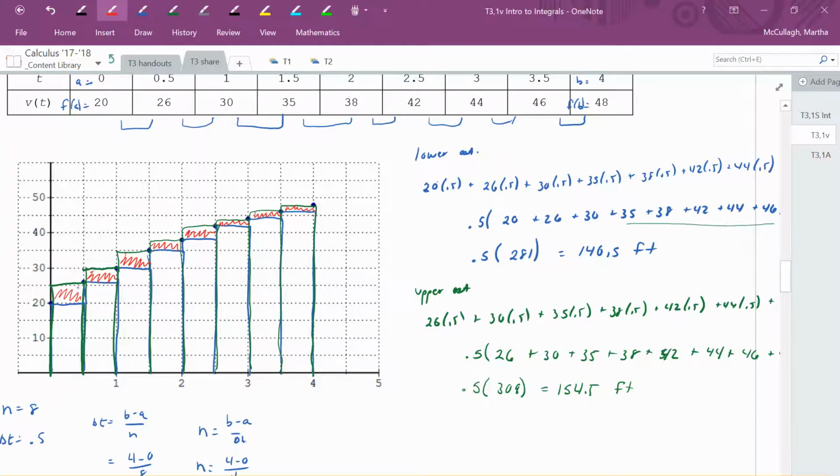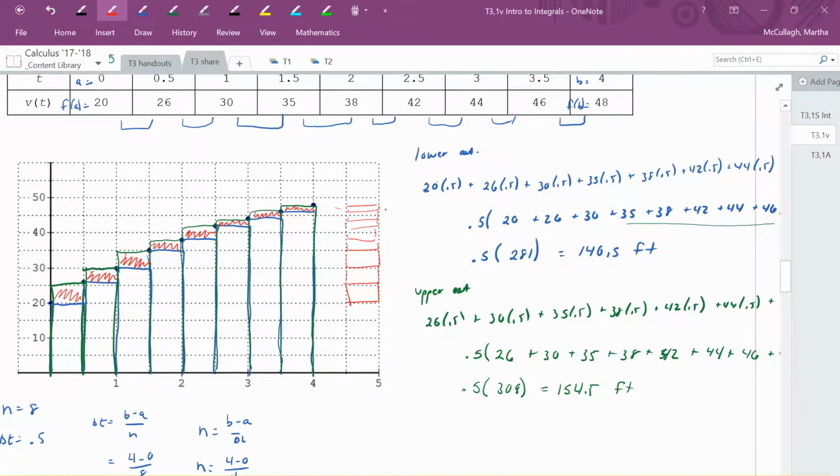If I pull all of these red rectangles off to the side and slide them over and stack them up, there's one of them, another one, a third one.